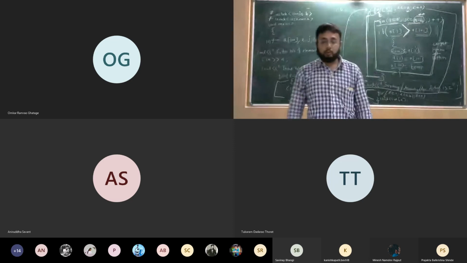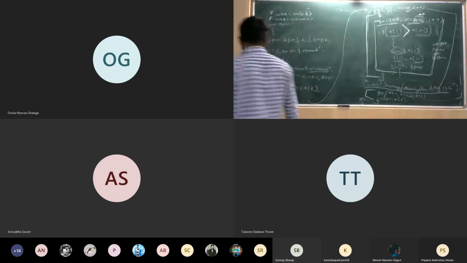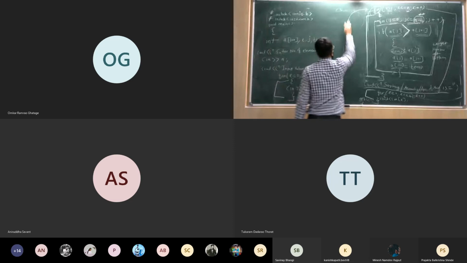So this is bubble sorting. Now, in the next lecture, we are going to study selection sorting.